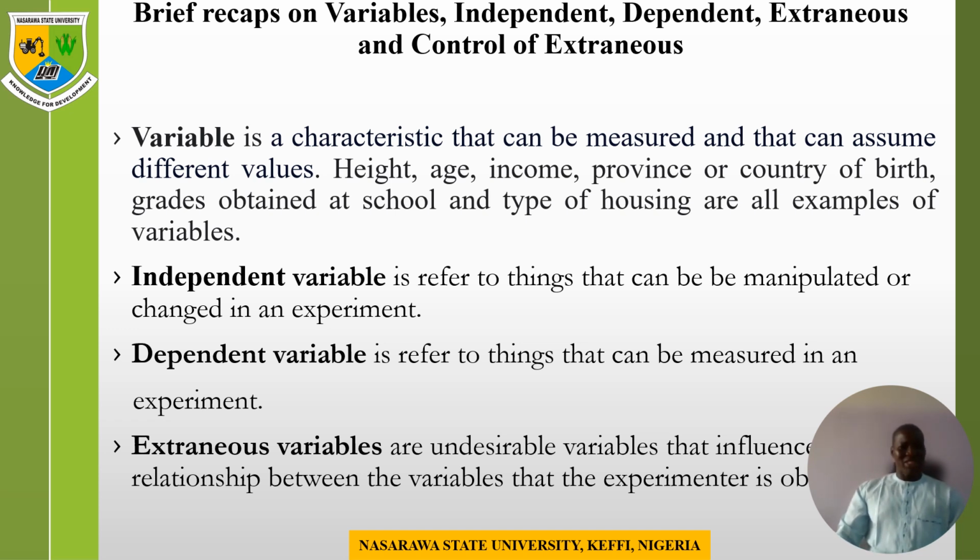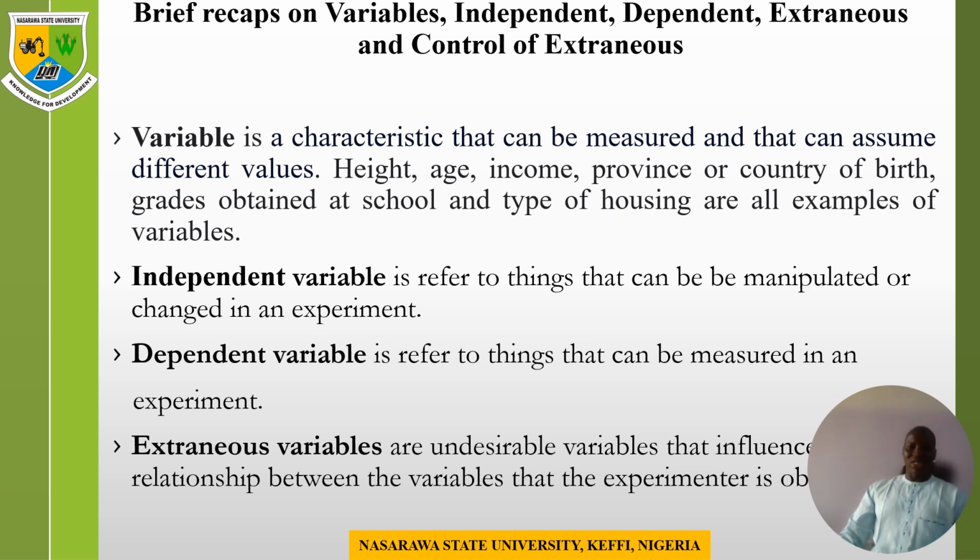No matter what, for you to understand this course, you must know what a variable is. A variable is a characteristic that can be measured and that can assume different values. Examples of variables are height, age, income, country, the grade students scored, the aptitude test for swimming, everything.